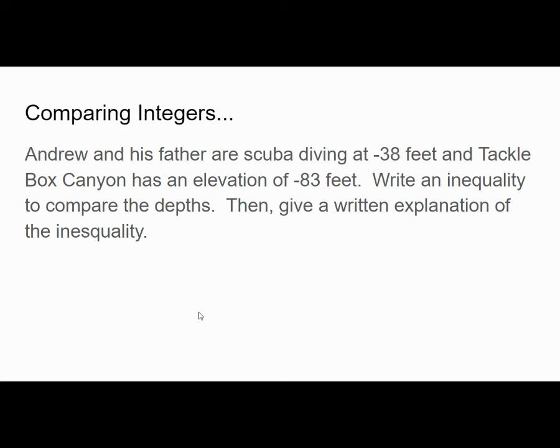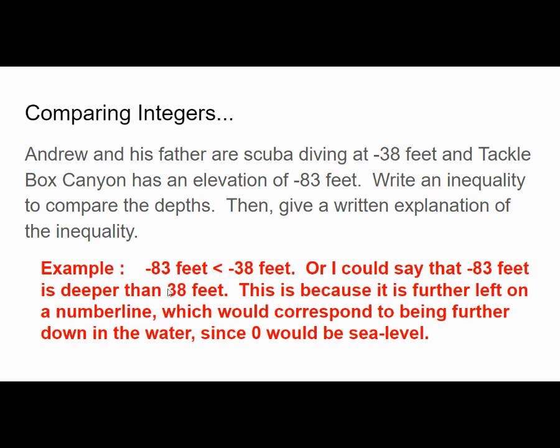All right, so here we go. Our example. I have -83 feet is less than -38 feet. Or I could say that -83 feet is deeper than -38 feet. This is because it is further left on a number line, which would correspond with being further down in the water, or a less than, since 0 would be sea level.